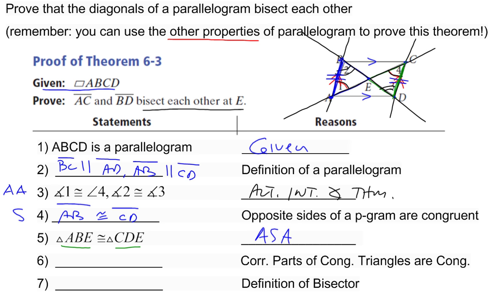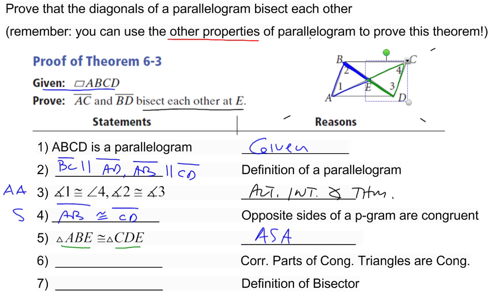Well, if it's true that these two triangles are congruent to each other, let's see what I have. Let me erase this since we've used that all, and let me add these two triangles in again so we can see what we're looking at. If these two triangles, the blue and the green, are congruent to each other, that means that BE corresponds to DE.